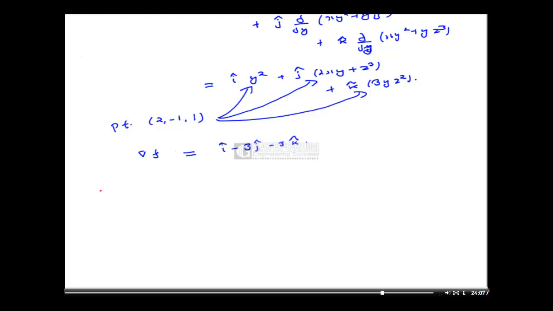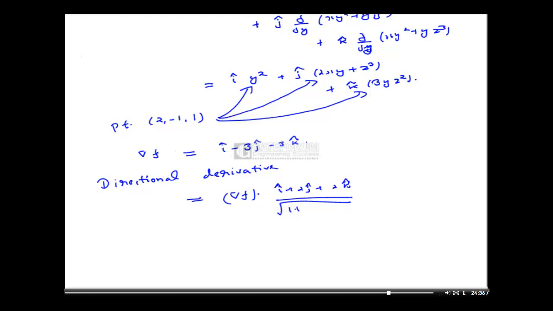Okay. So now this is the gradient of f. Now the directional derivative is equal to delta f dot the given vector i + 2j + 2k, divided by its magnitude, the square root of 1 + 4 + 4.